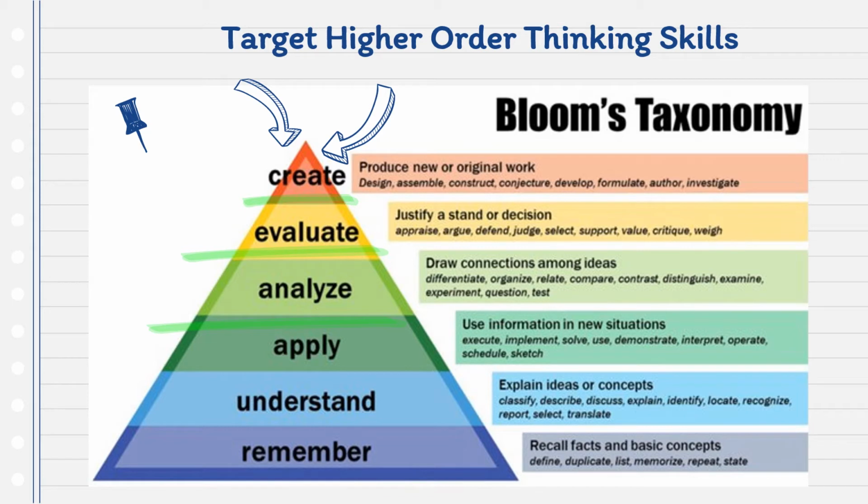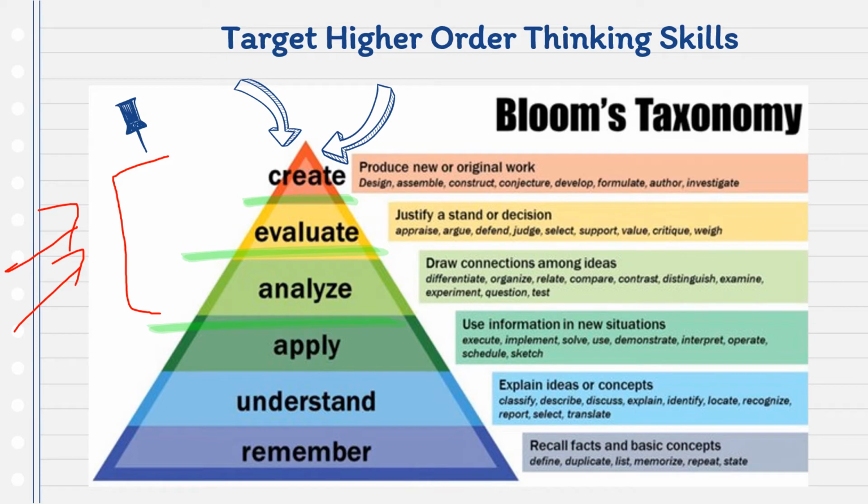And if we get stuck in the last 2 over here and here, then we are only targeting basic skills. We are not equipping them well enough to be critical thinkers. They do not have mastery of the critical thinking skills. And therefore, what we need to do is to try to target higher thinking skills, which are basically at the top of the pyramid over here.